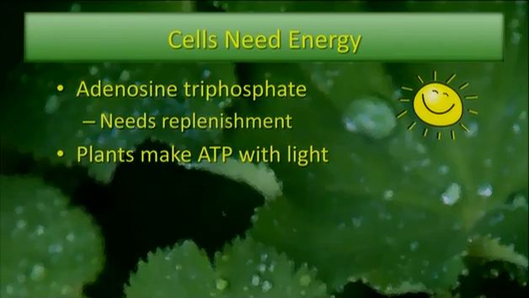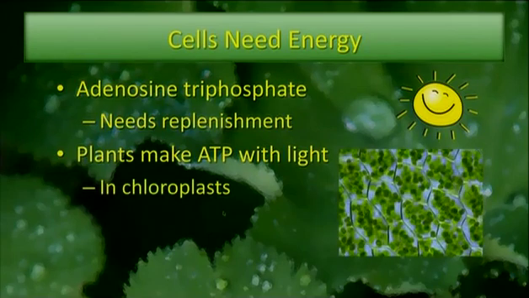Without light, ATP production stops. ATP production happens in the chloroplasts. Plants store energy in sugar and starch molecules, so they can do without the sun during the night, but they can't do without the sun during the day, to make an obvious statement.